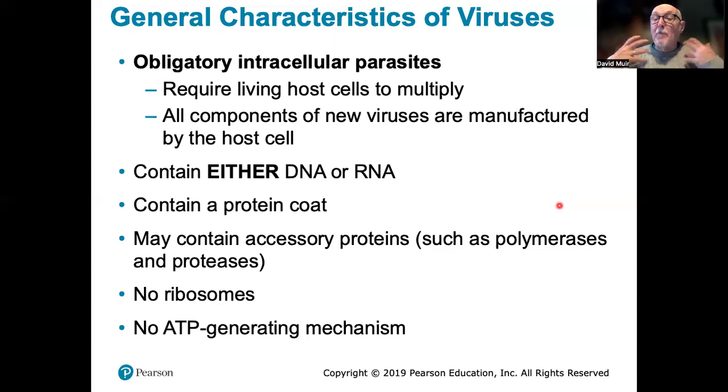And all of the components of new viruses are manufactured using the cellular machinery of the host cell. So you can think of it in a way that viruses enter a host cell and they turn it into a viral factory. That process may be extremely complex. We will only ever discuss it in relatively simple terms.